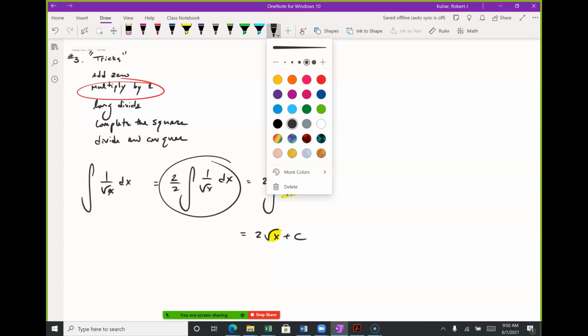Divide and conquer is another one. Long division is another one. So when do I long divide? When the upstairs power is equal or higher than the downstairs power. And they've got to be polynomials, so I'll do one like that.